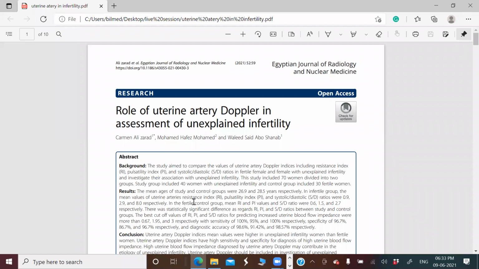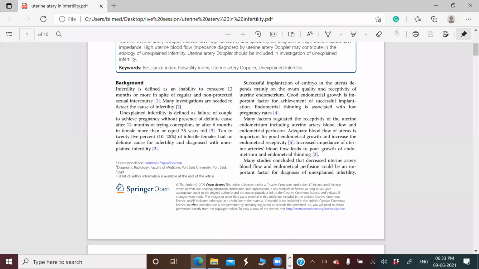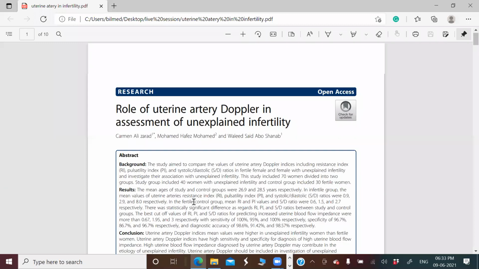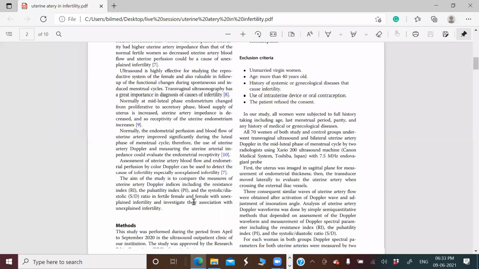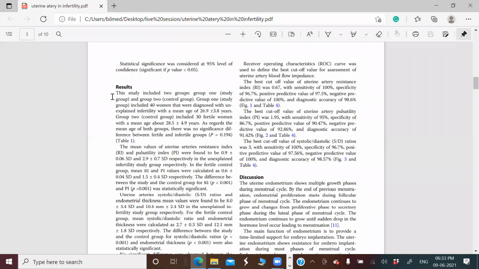In this study, I have not gone through it in detail because I have multiple studies over here. You have to see the table. There is always a table with these. This is the result over here.